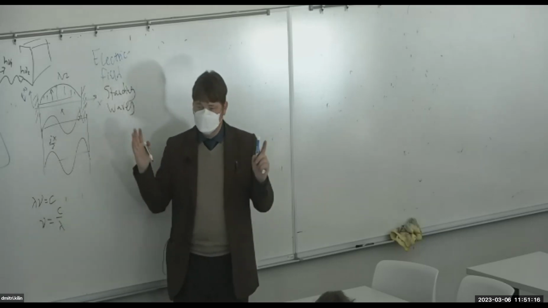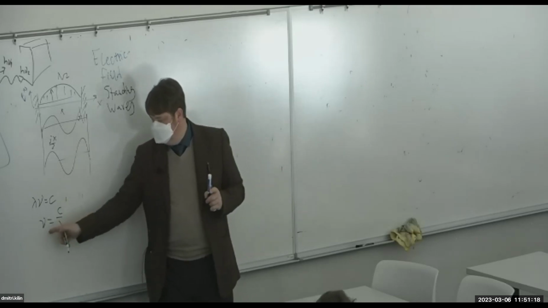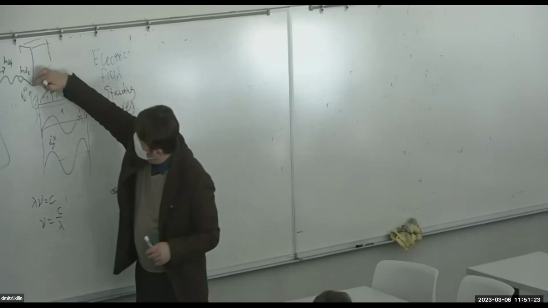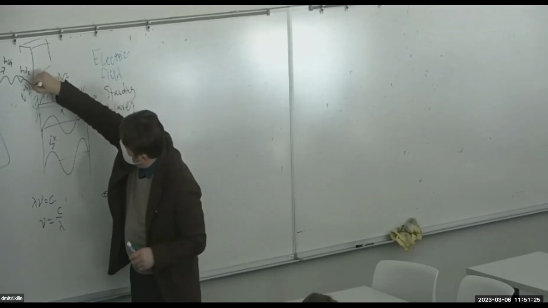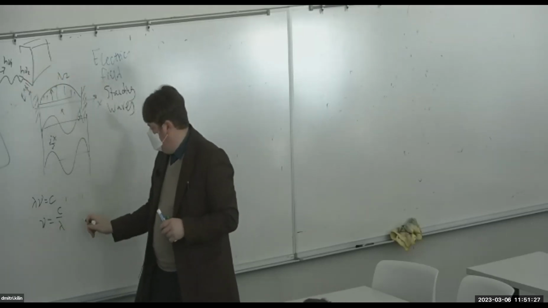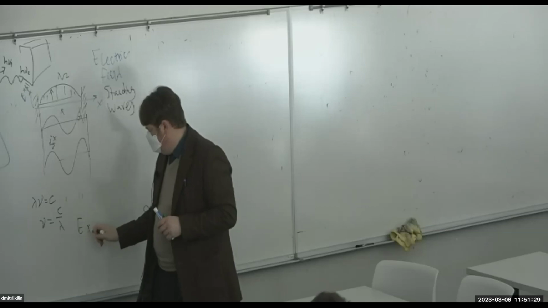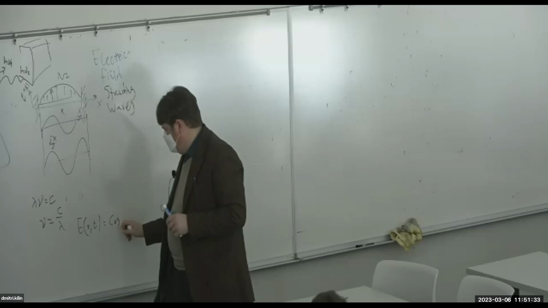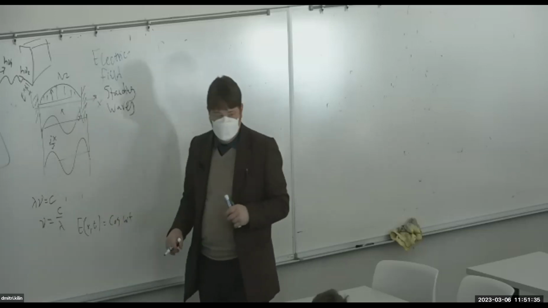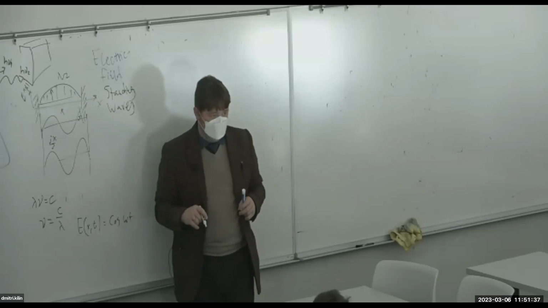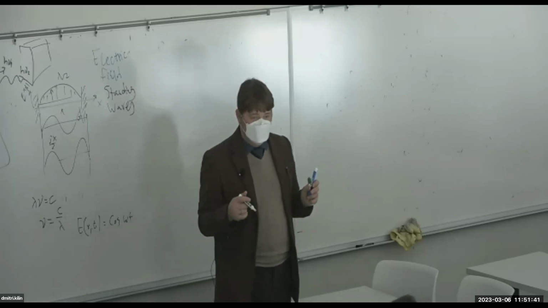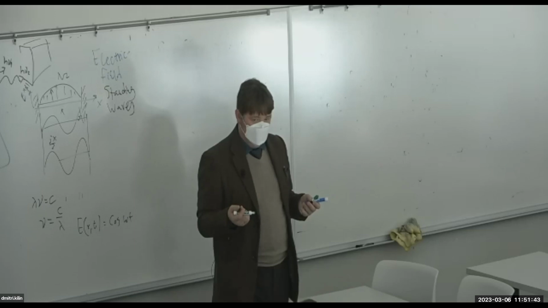So the size of the resonator determines the frequency. At each point of space, E of x comma t, for given x, it will be a sine omega t. So the electromagnetic field inside the resonator oscillates.